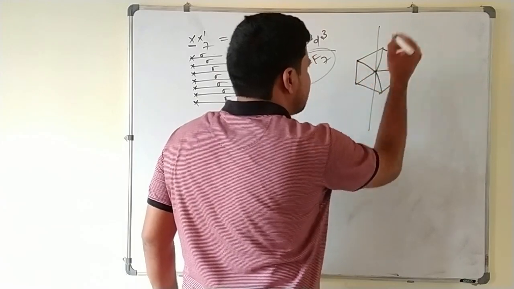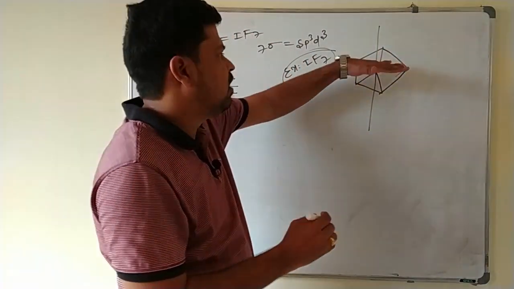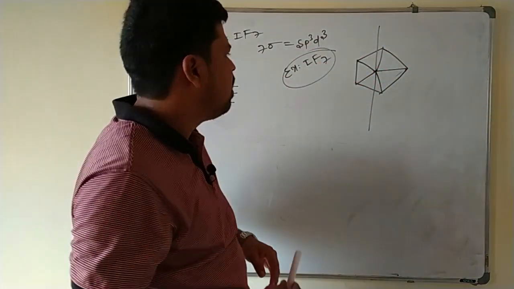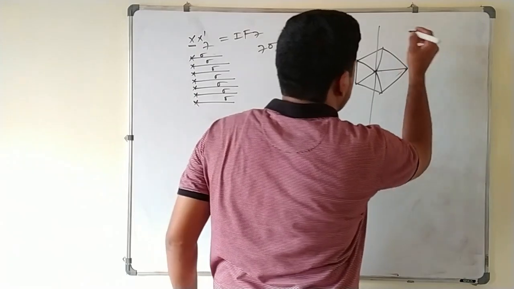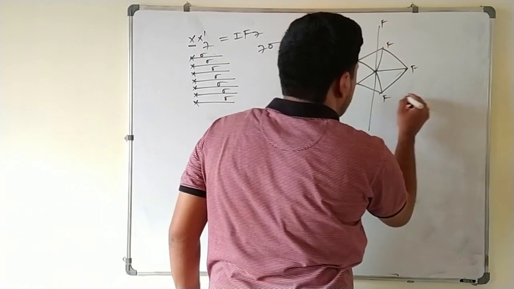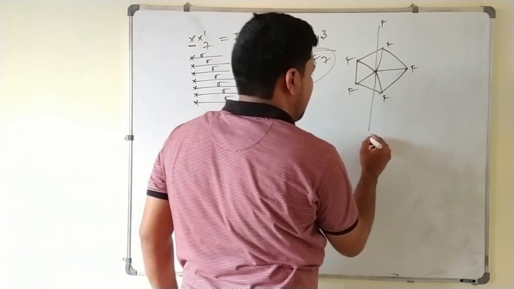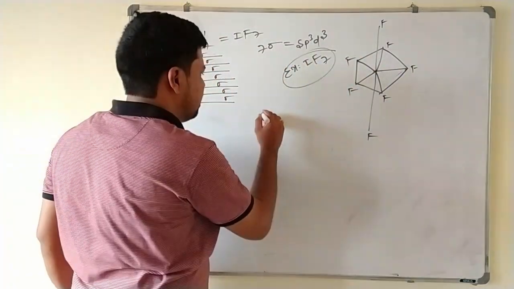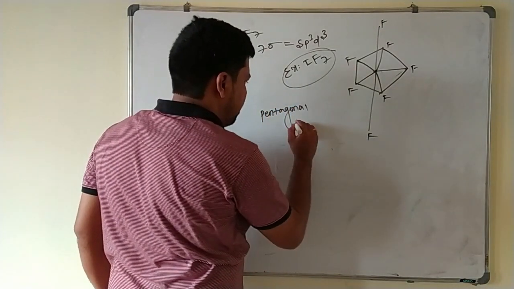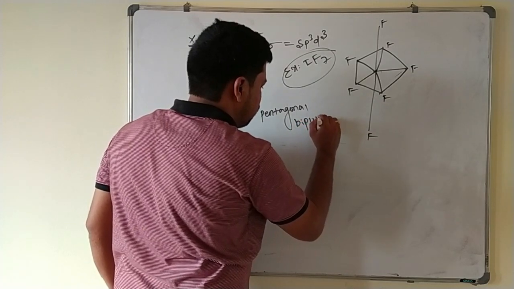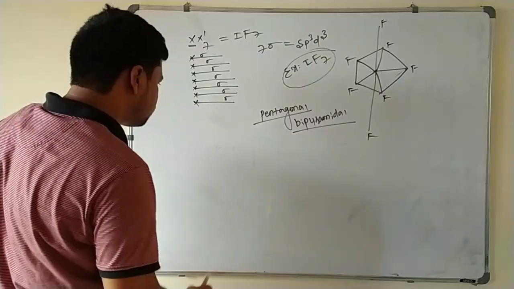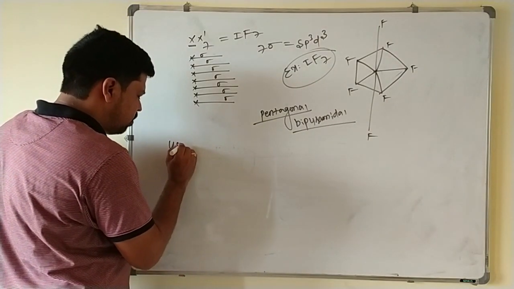So 2 bonds are present above and below the plane, and 5 bonds are present in the pentagonal plane. So this is fluorine, fluorine, fluorine, fluorine, fluorine, fluorine, and this is fluorine. The structure is pentagonal bipyramidal.